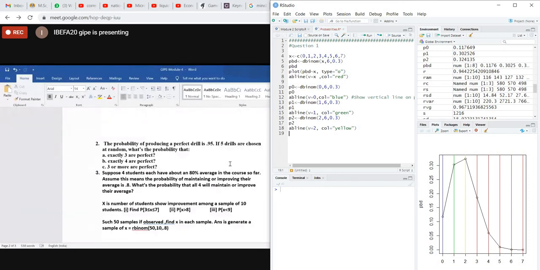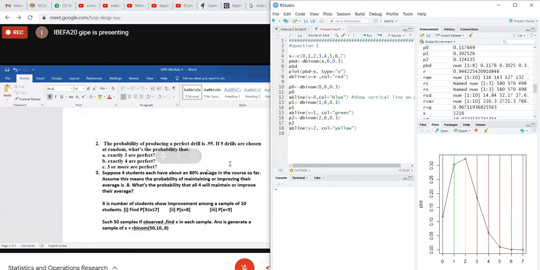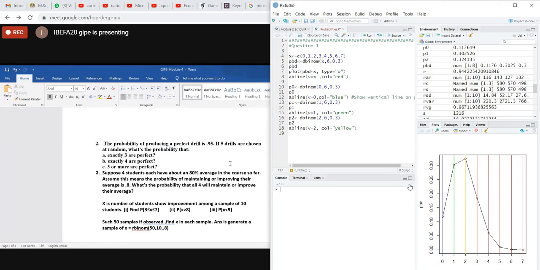If 5 drills are chosen, what is the probability that 3 are perfect, 4 are perfect, 3 or more are perfect?